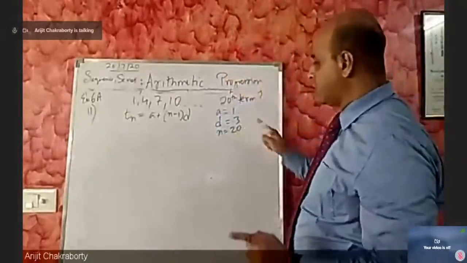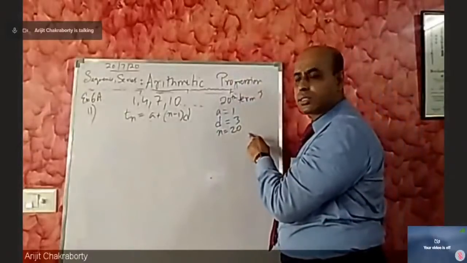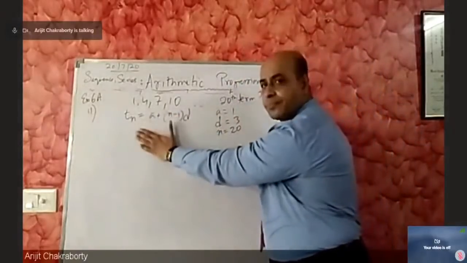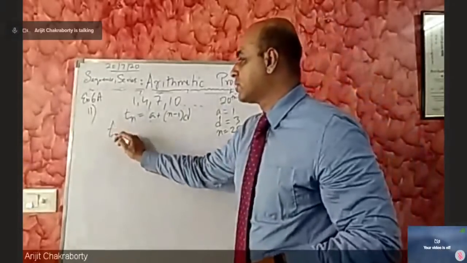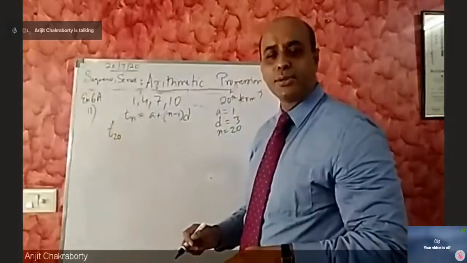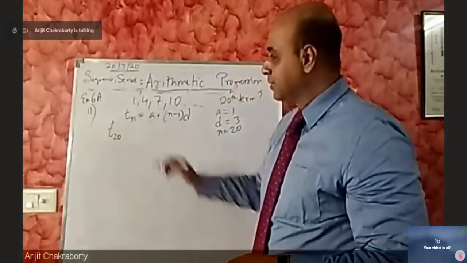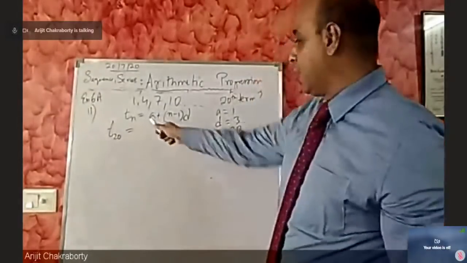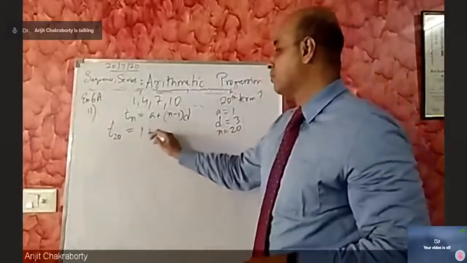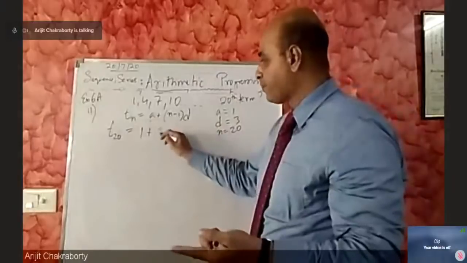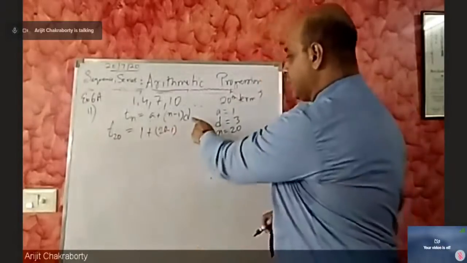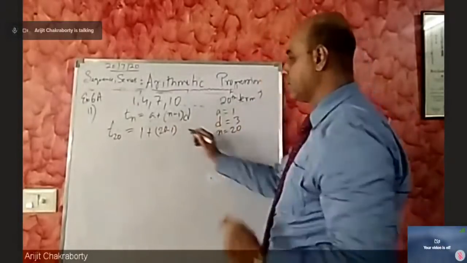Putting these three numbers in this equation, what do we get? We get T20. So it is like IPL T20. T20 is equal to a, which is 1, plus n minus 1, so it is 20 minus 1, into d, and d is 3.